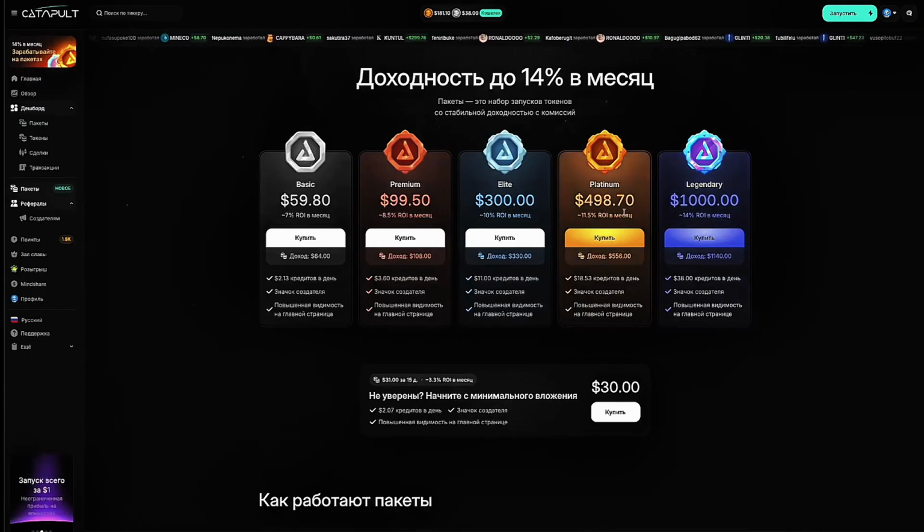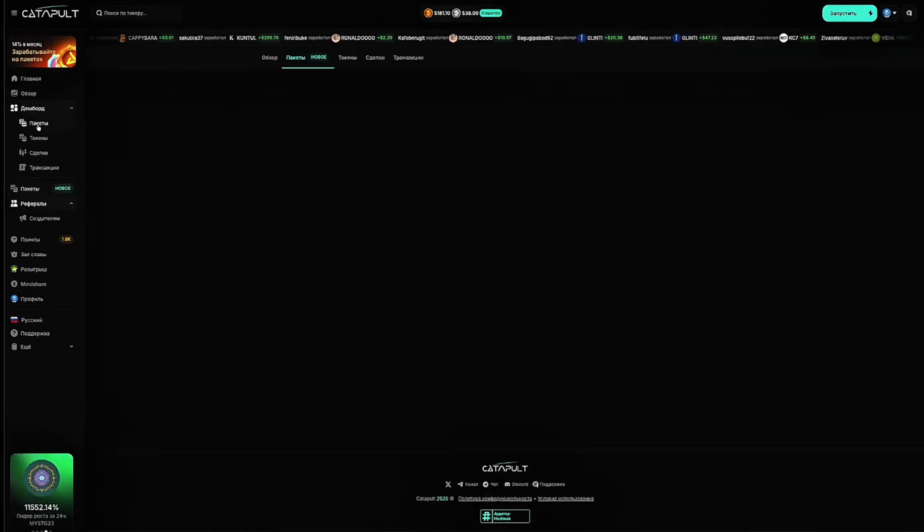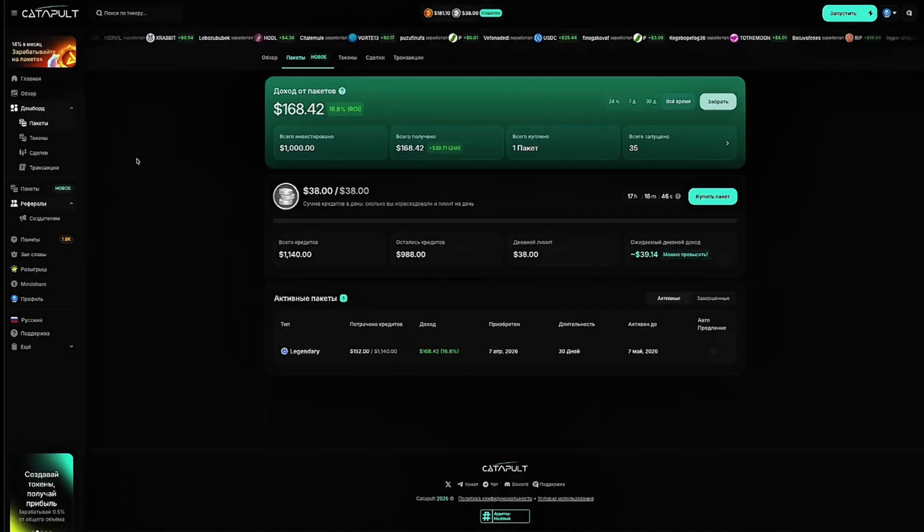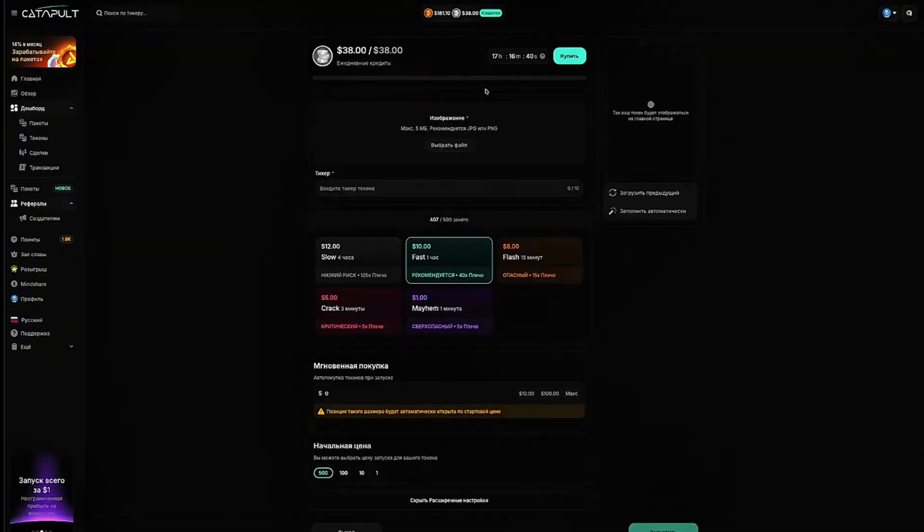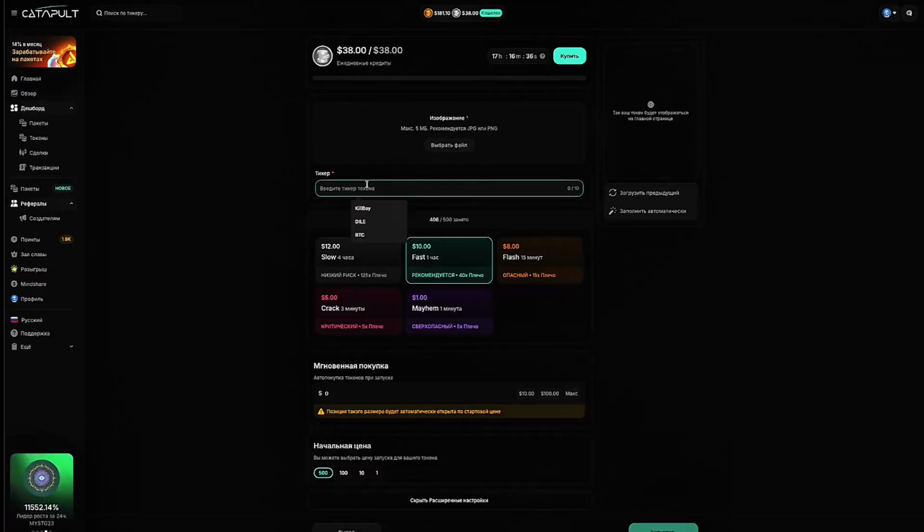The project generates its main revenue through trading fees and the liquidation of inexperienced users' margin positions. That is exactly why I strongly advise against engaging in manual trading on this platform. It is much safer and more effective to view it exclusively as a tool for passive investing. The profitability of the investment packages is backed by actual capital turnover.